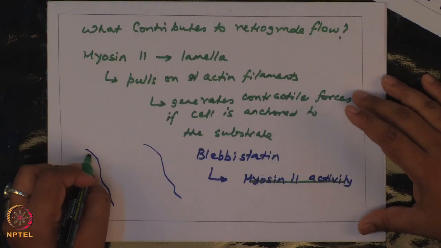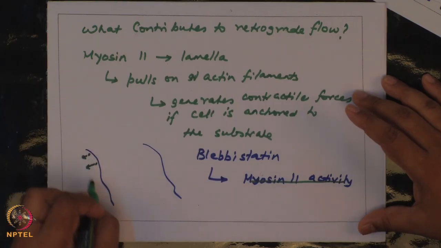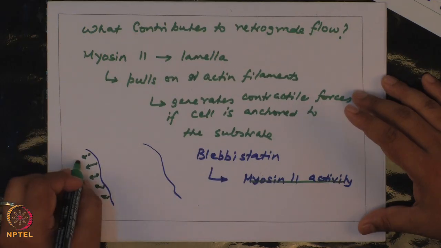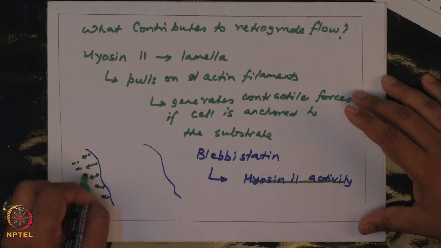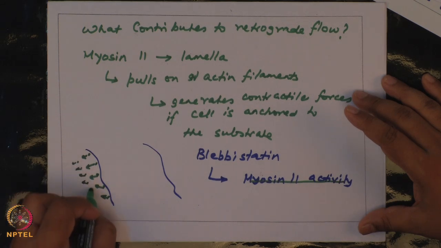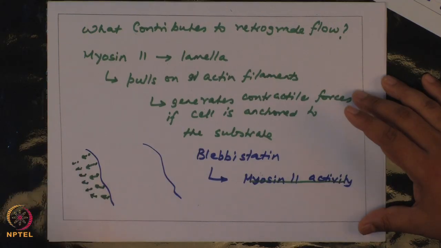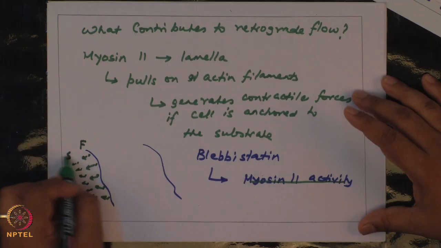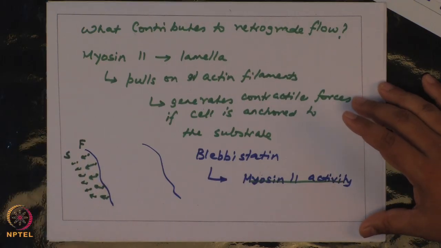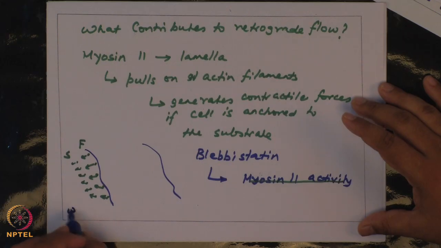So, you had fast retrograde flow here, followed by slow retrograde flow. This is fast, this is slow. So, this is without blebistatin.